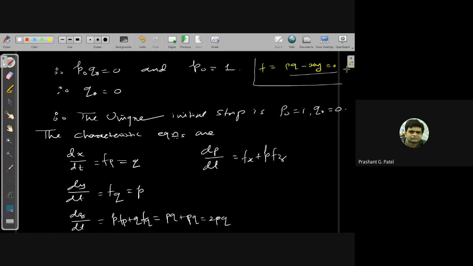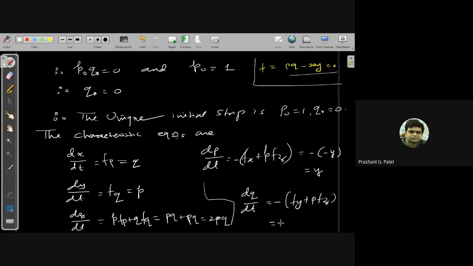So you only have fx, but this is of minus sign, so minus of minus y, which gives y. If anyone has any problem, you can ask. dq by dt is equal to fy plus q fz, but fy is minus x and fz is 0.